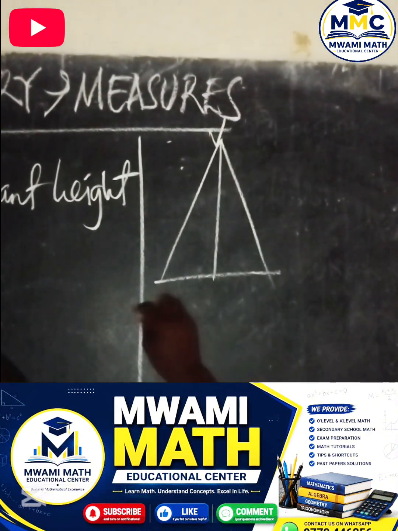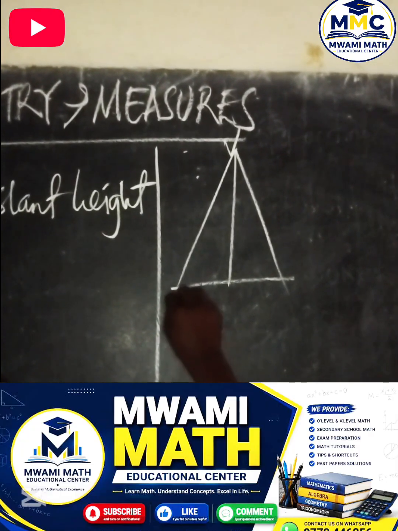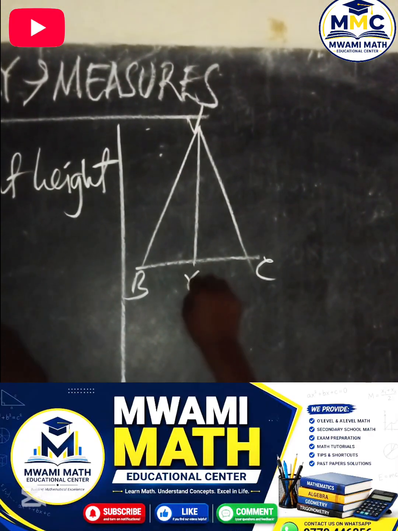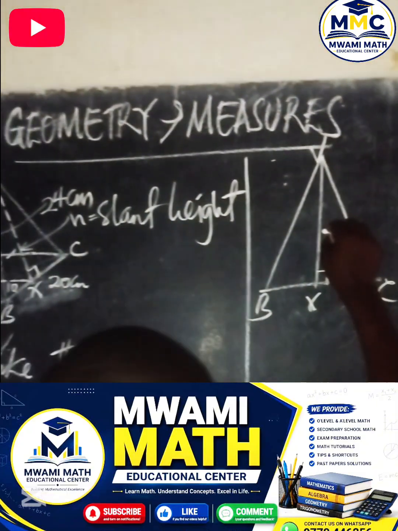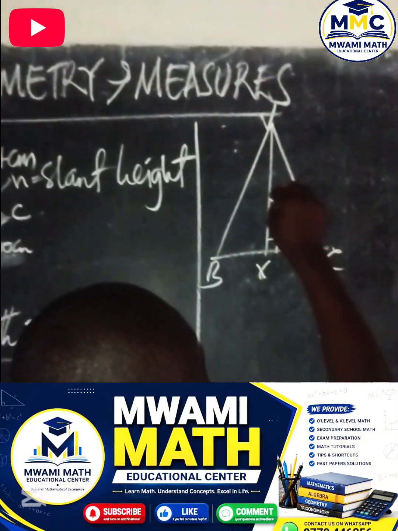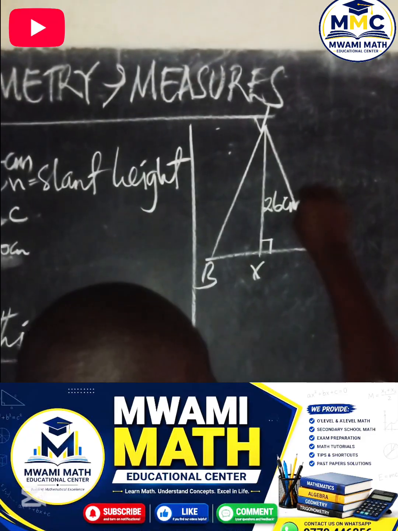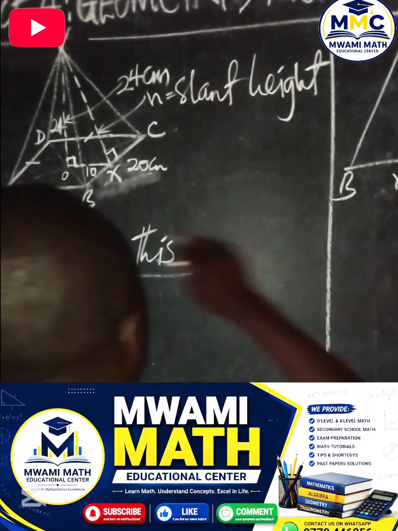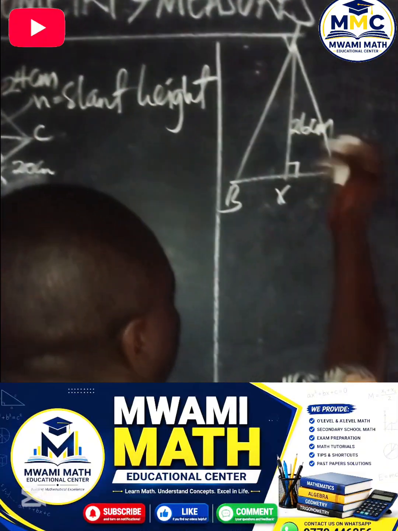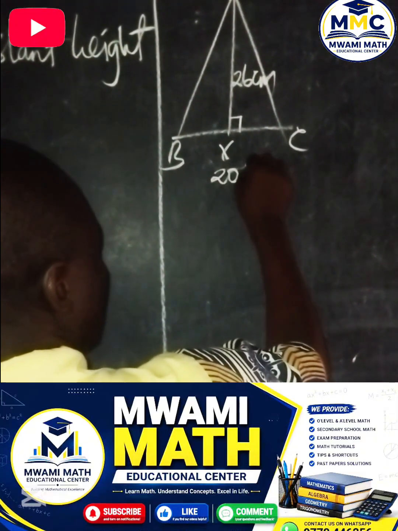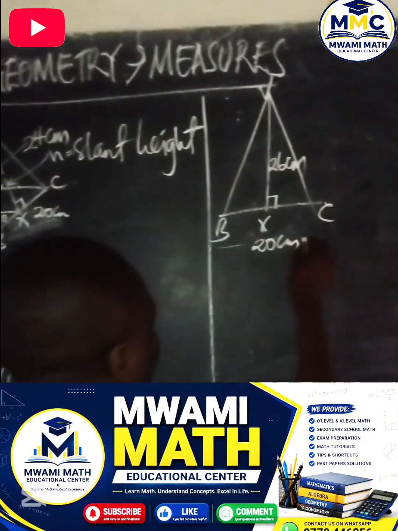So this is V, this is B, this is C, this is X. So our slant height is now 26 centimeters, whereas our BC is 20 centimeters.